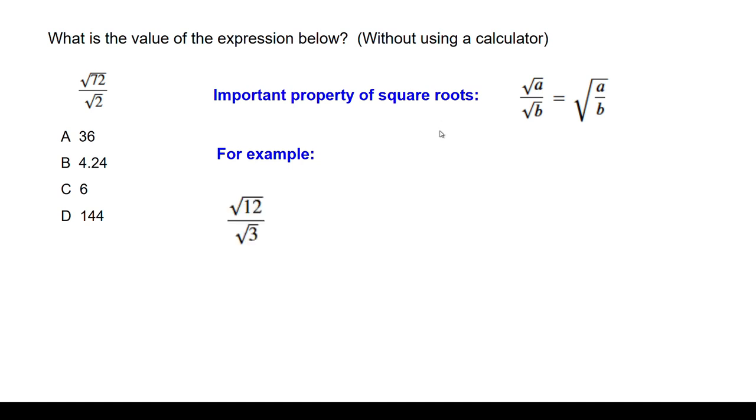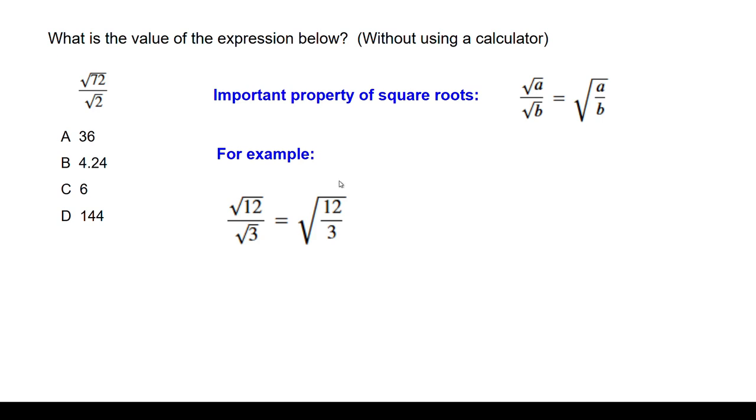Our example is the square root of 12 divided by the square root of 3. Now we look at those two numbers and we don't know the square root of 12 in our head, and we don't know the square root of 3. So how could we do this? Well, we can take advantage of this property and rewrite this as the square root of 12 over 3, or 12 divided by 3.